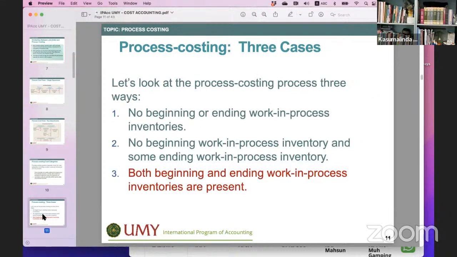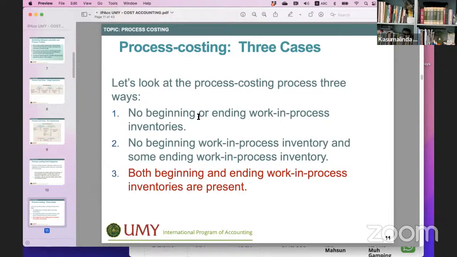Okay, now let's look at the process costing. I've been told that the reference book that you use is Horngren, the cost accounting Horngren. So I also use the PowerPoint slides using Horngren's textbook. In Horngren's, there are 3 cases that are discussed in the textbook.